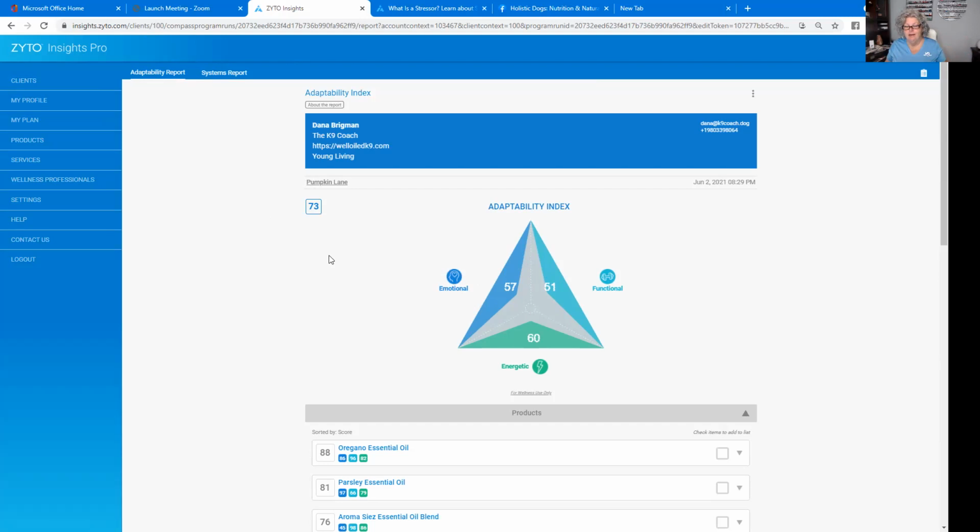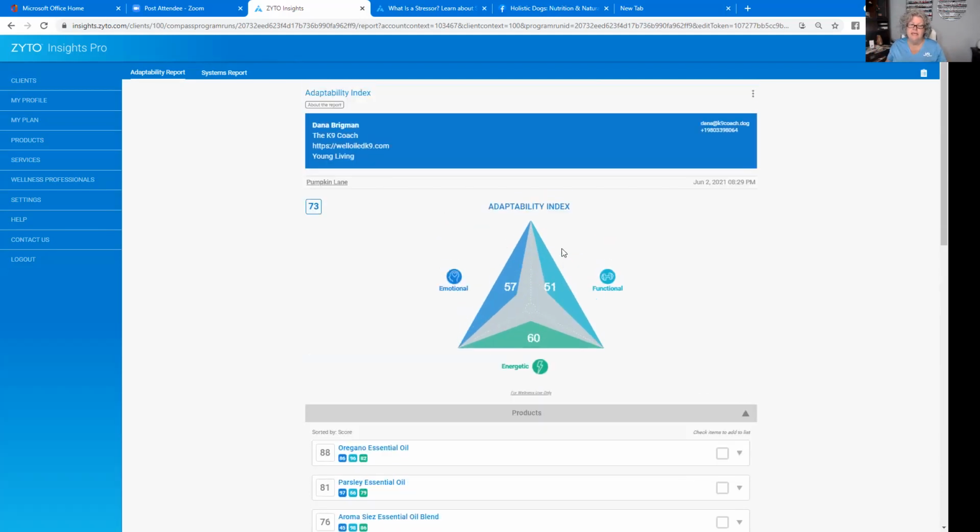This tool is not diagnostic. We're not going to walk away here going, oh my God, she's got something major wrong with her, but it's going to help us figure out what we can use by the way of oils or essential oil products that would help her move into better balance or a state of homeostasis, if you will, between the systems of the body and overall well-being.